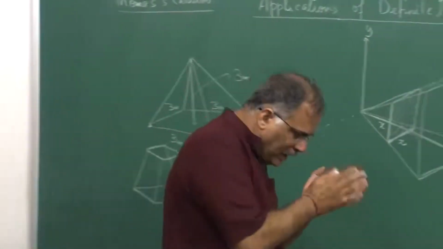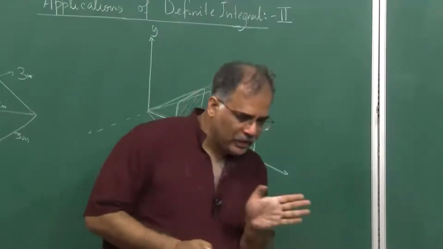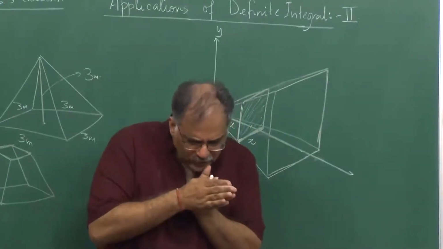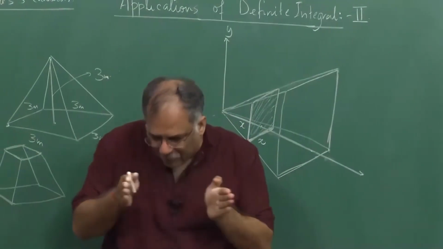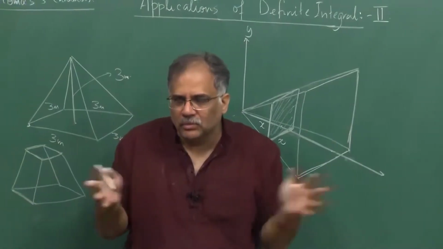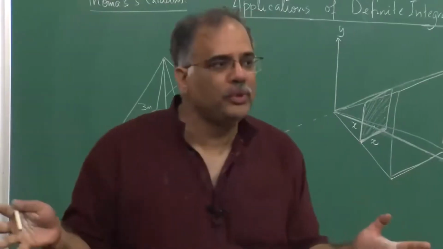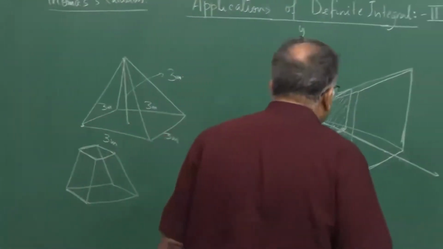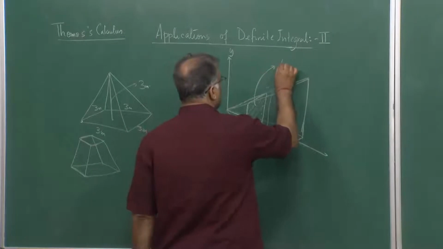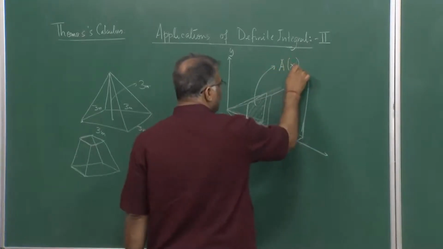So, what you do? You find the area of that cross section. Basically, what happens? If you take all these small cross sections and pull them up and club them, that gives you the solid, and the areas actually contribute to the volume. So, basically what you have to do, this is my A of x, area evaluated at the point x, which is x square.